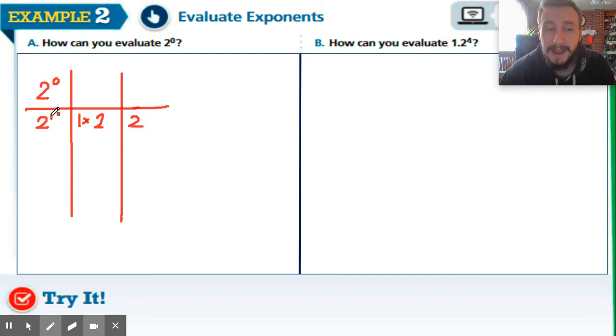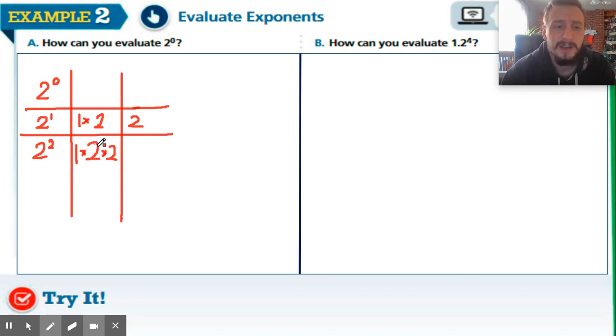So 2 to the first power is 2. 2 squared, so 2 to the second power, is 2 times 2. And I'm just saying times 1 because anything times 1 doesn't change itself. 2 times 2 is 4. So 2 squared, or 2 to the second power, is 4.